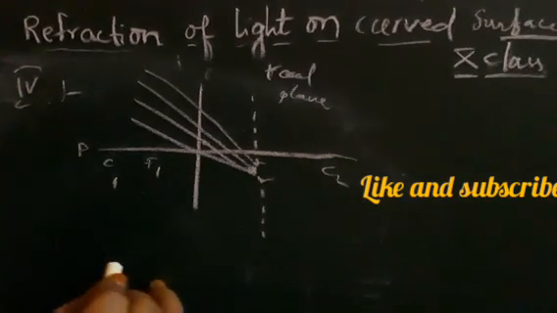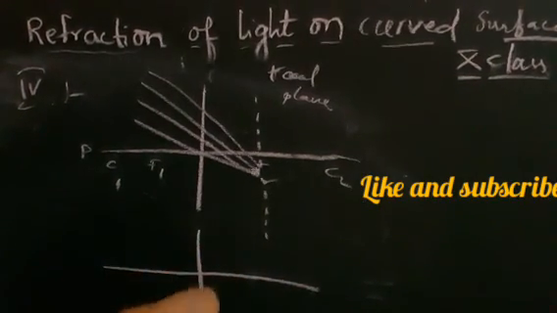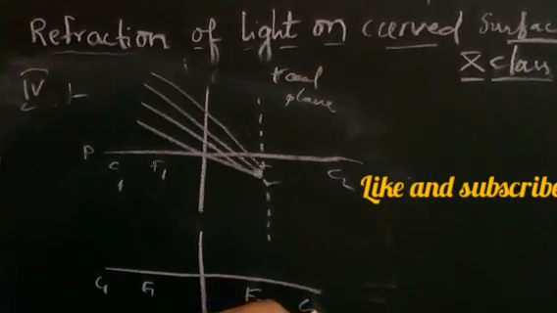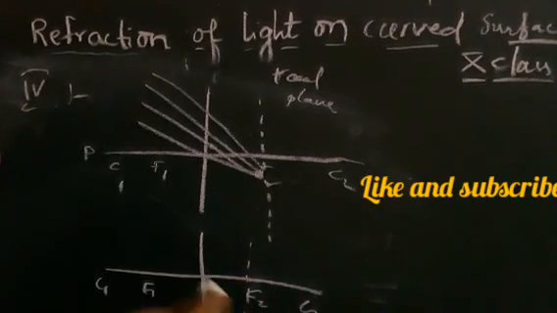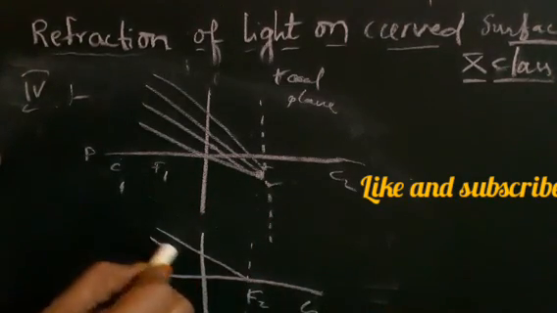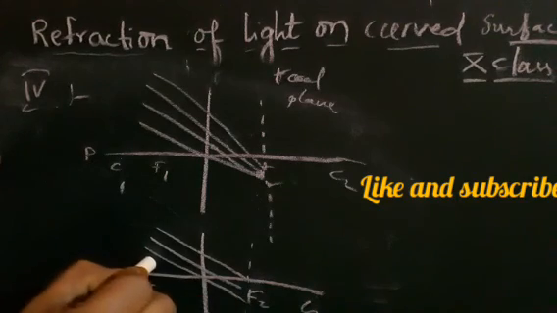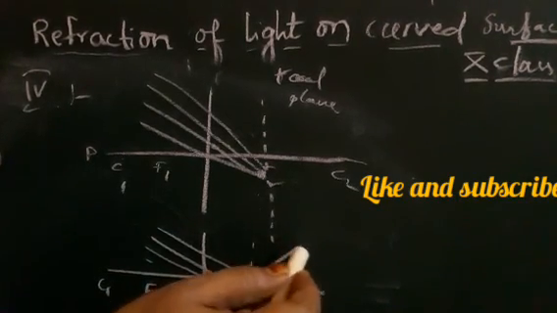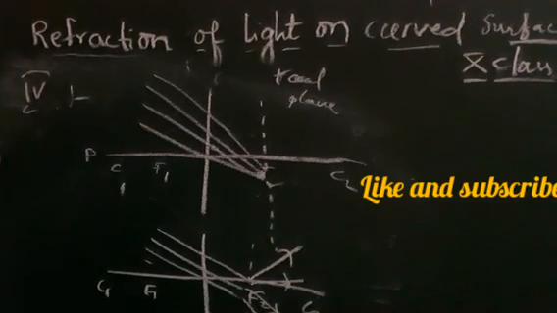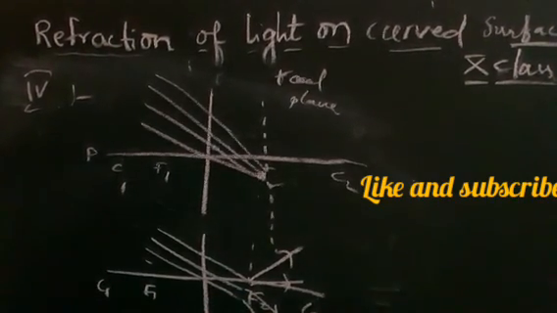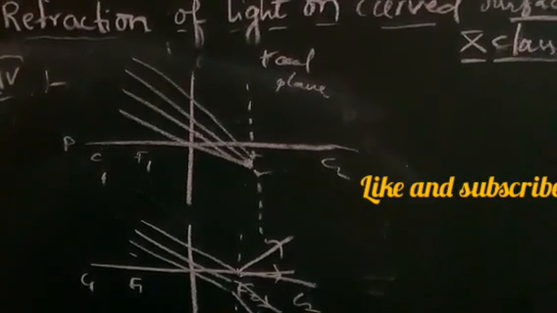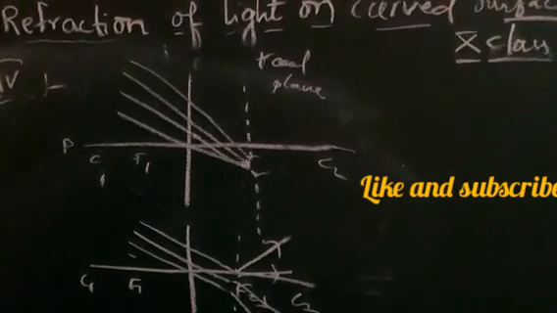For example, F1, C1, F2, C2. So this is your focal plane. When they fall on the focus, they may get converged or diverged. Fine. So these are the 4 situations which can take place during ray formation.